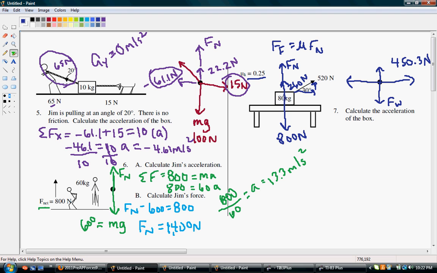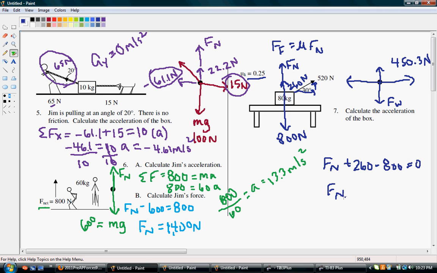Well, we know that since it's not crashing through the table or flying up into the air, these forces in the y direction are balanced, which means if you have 800 going down, you need 800 going up. Or, in other words, the sum of our forces should equal 0 since our acceleration is 0, since it's not moving in the y direction. So normal force is up, this 260 newtons is up, and then we have a force of weight which is 800 down, and that is all equal to 0.